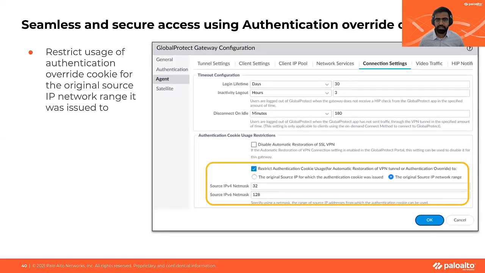You can enter a source IPv4 or IPv6 netmask to define the subnet mask of the network IP address range for which the authentication cookie is valid. For example, you could enter 32 or 128 and restrict the authentication override cookie usage to a specific network range only, instead of a specific IP address like you saw in the previous slide.